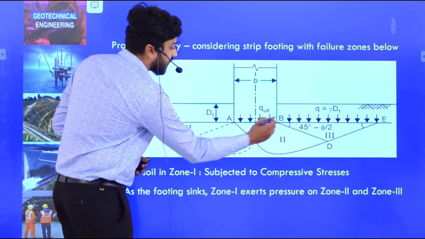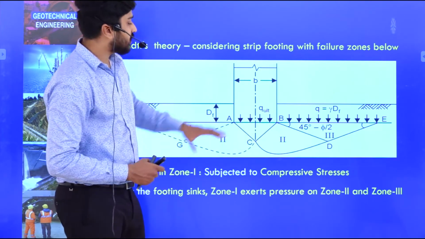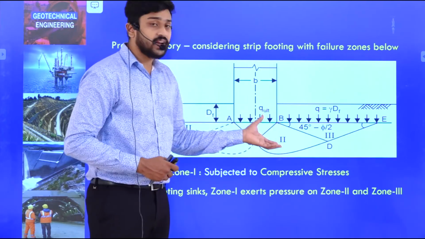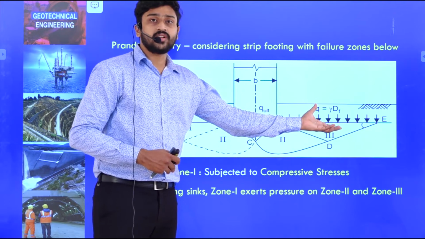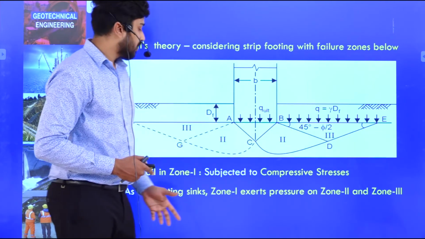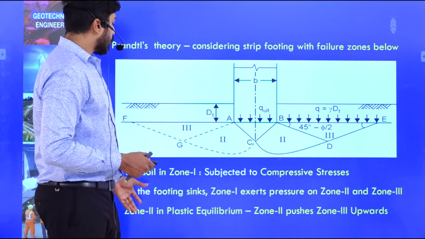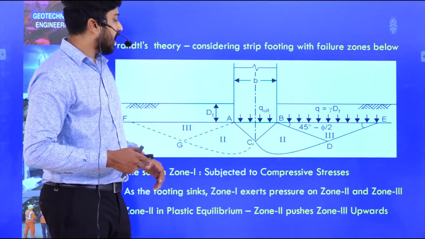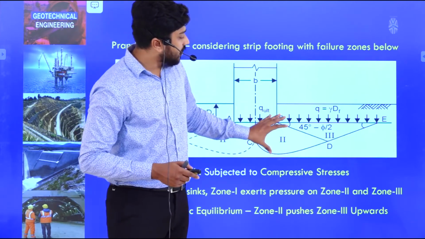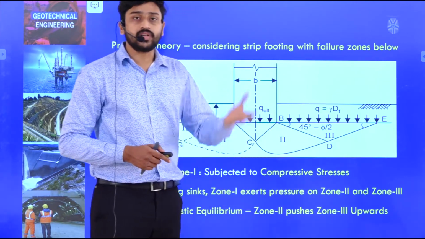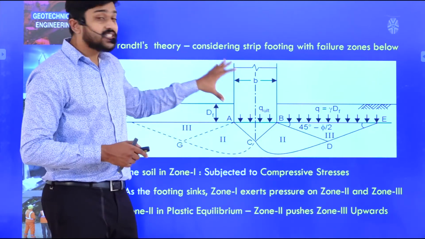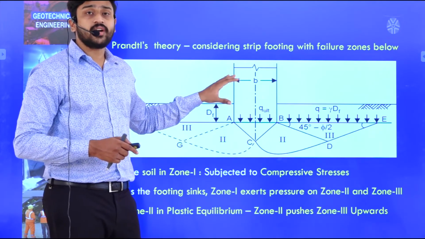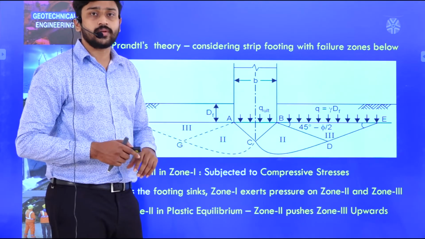So triangle ABC is zone 1, exerting pressure on zone 2, and in turn the pressure is exerted on zone 3. Zone 3 is attaining a plastic equilibrium state, and zone 2 is pushing zone 3 upwards. This type of failure is generally called the general shear failure.